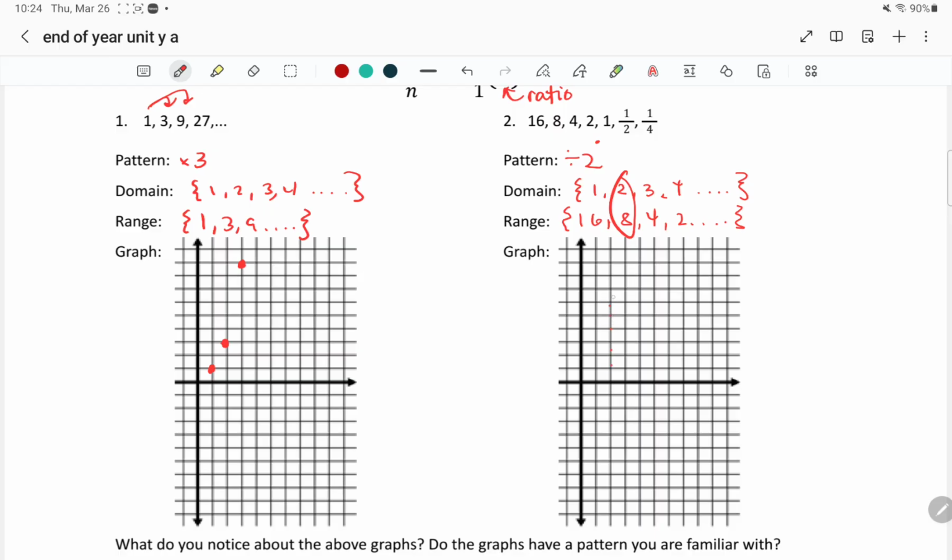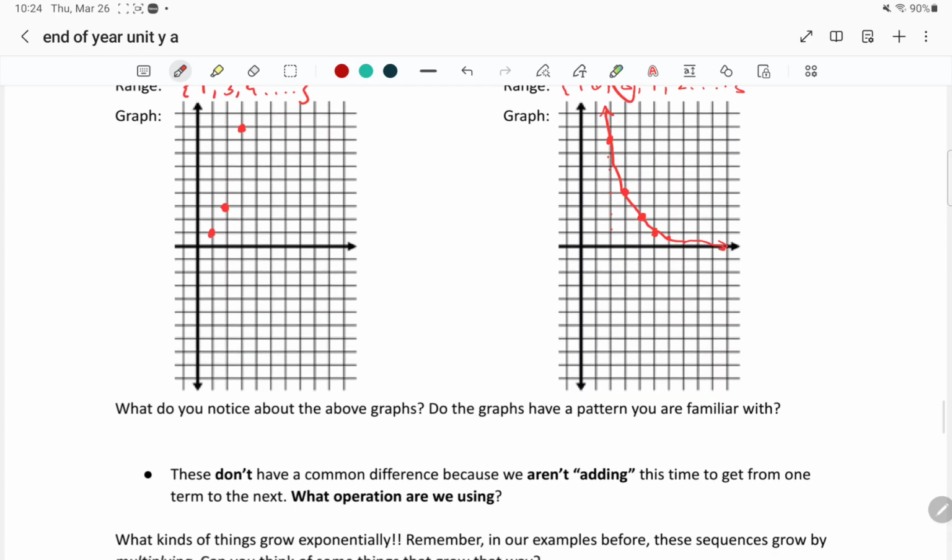So now I have this exponential curve that's going down.